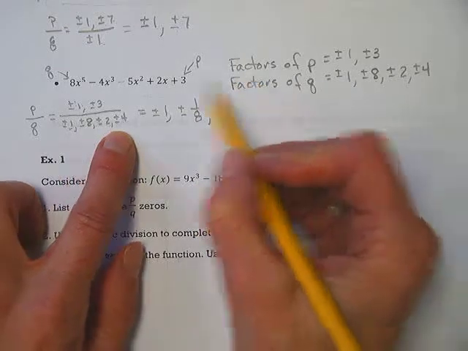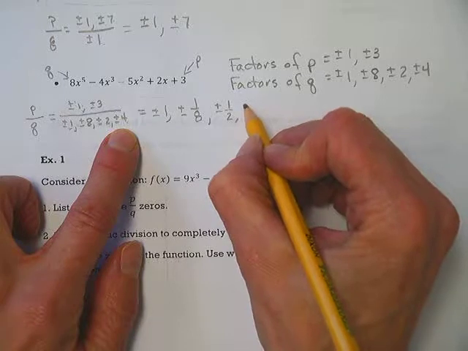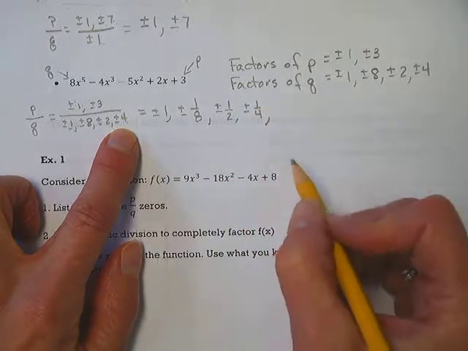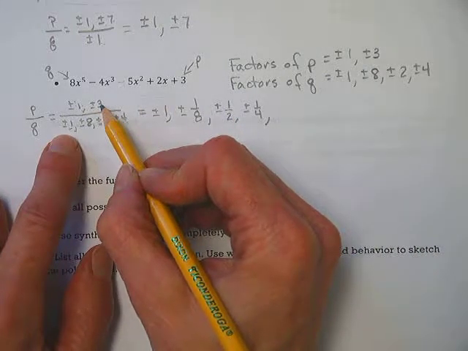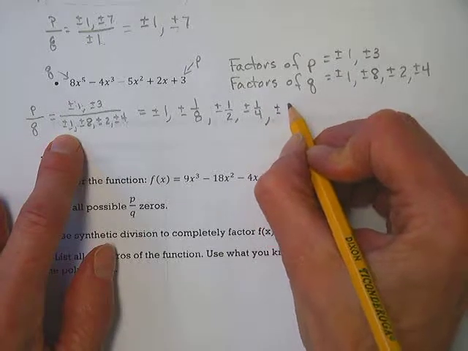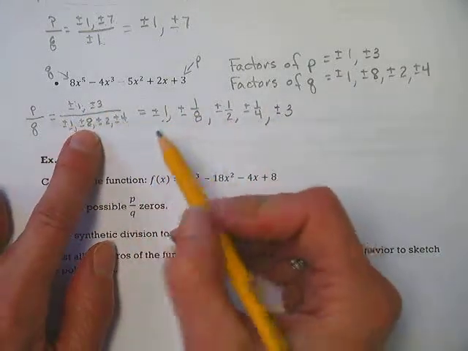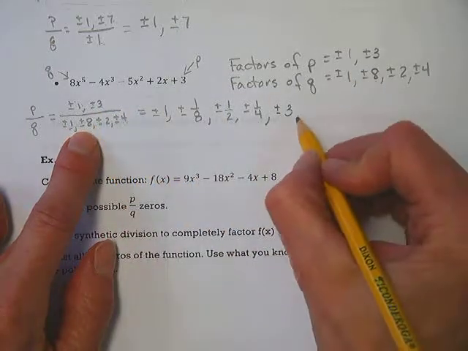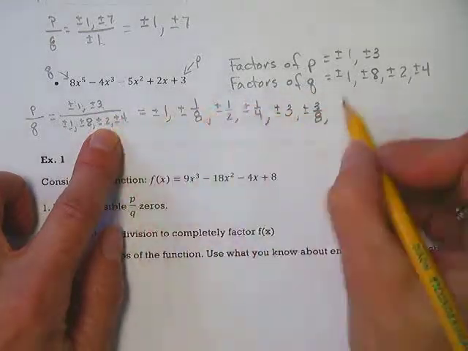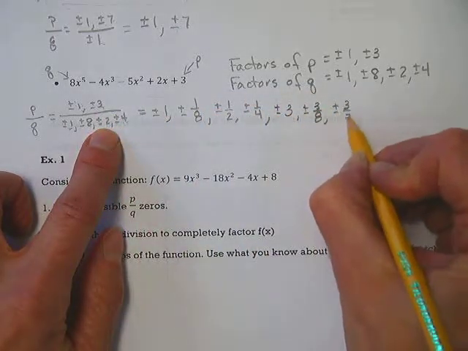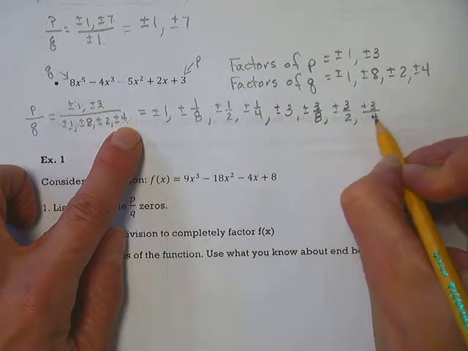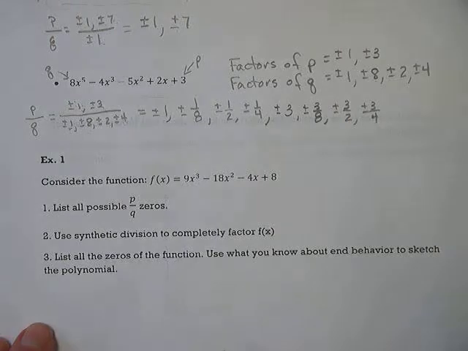This is where that lovely rational comes in, because we've got fractions going on. 1 over 2, plus and minus 1/2, and then 1 over 4, plus and minus 1/4. Then we have to go back and do all the 3's in the numerator. So plus and minus 3, because it's just 3 over 1. And then 3 over 8. And then 3 over 2.